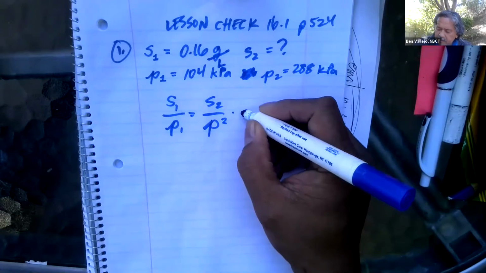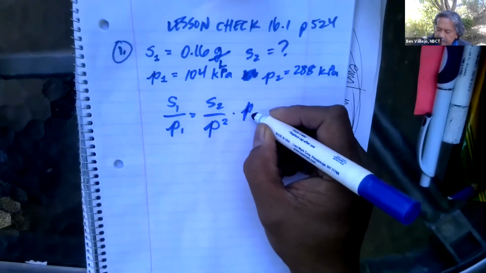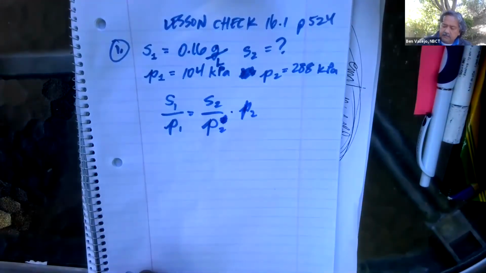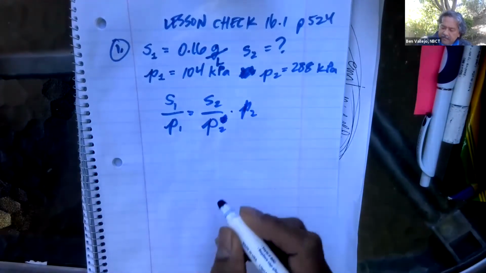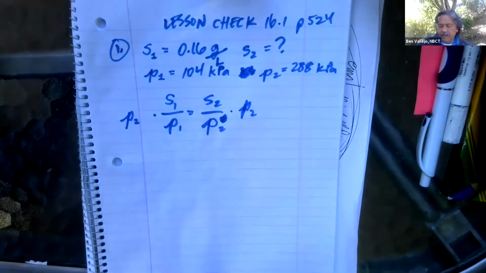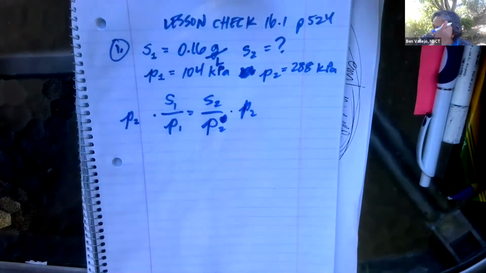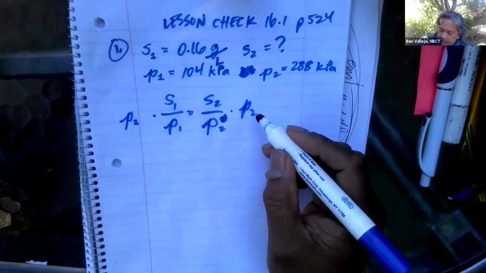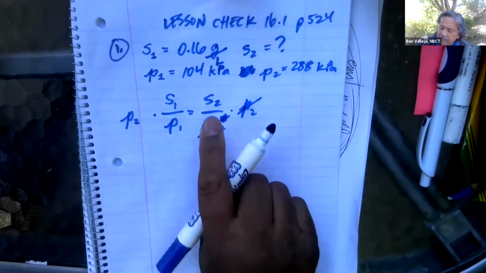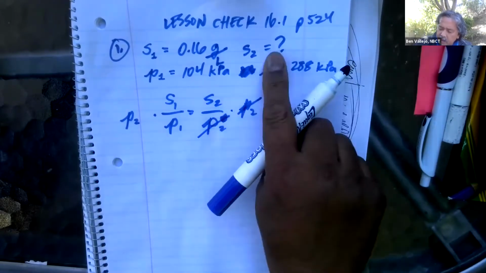I just multiply both sides by P2, P sub 2. And so these will cancel out. I'm left with S2 by itself, which is what I wanted.